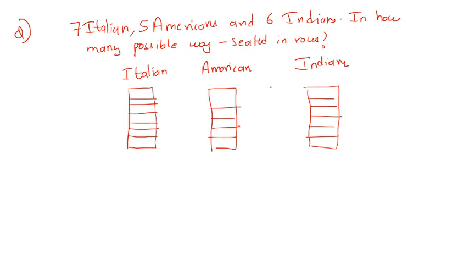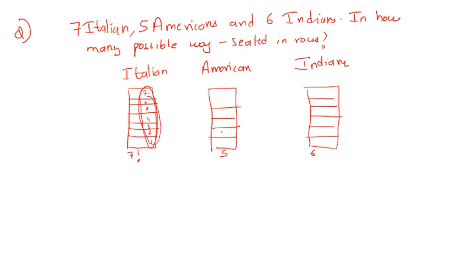Yes, you people are getting the right answer. See, here there are seven Italians, five Americans, and six Indians. Suppose these are one, two, three, four, five, six, and seven. These seven people can be arranged in how many possible ways?